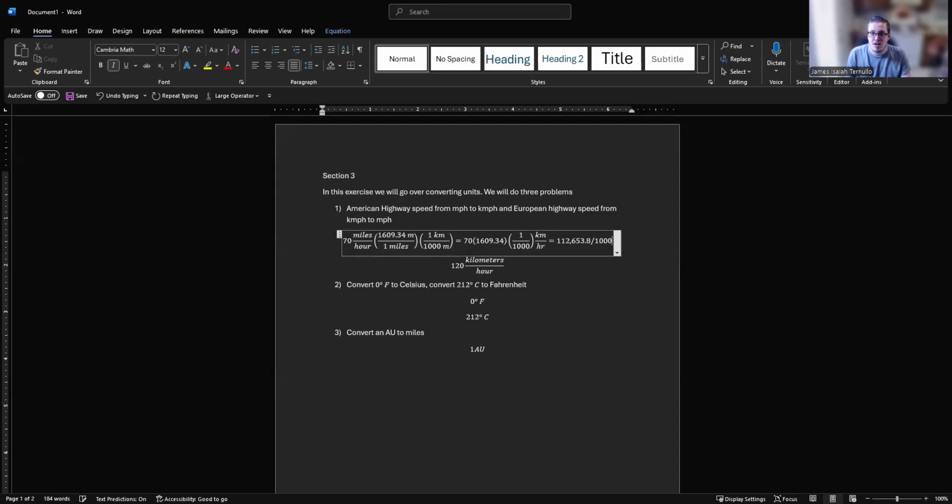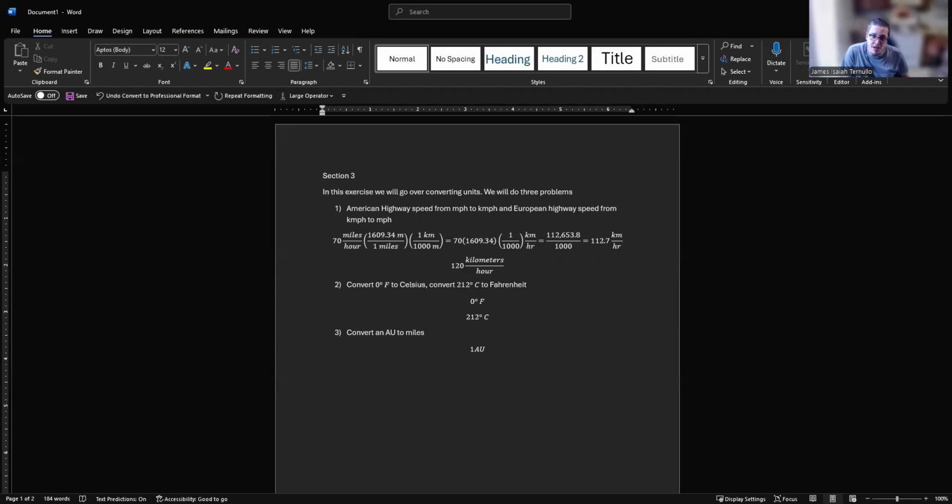But now this is still divided by 1,000. So when we do that, we should get about 112.7 kilometers per hour.